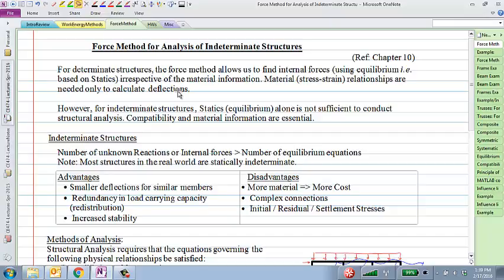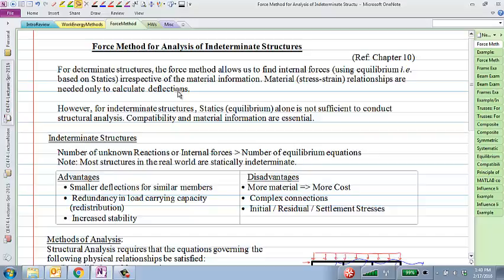If a structure is determinate, you can find all the reactions and all the internal forces using equilibrium itself. But if a structure is indeterminate, then all the internal forces and reactions depend not only on equilibrium, but what else? Compatibility or continuity, and how stiff the material of the structure is.